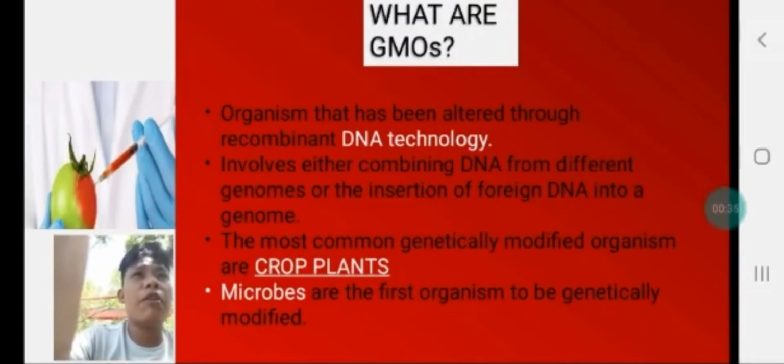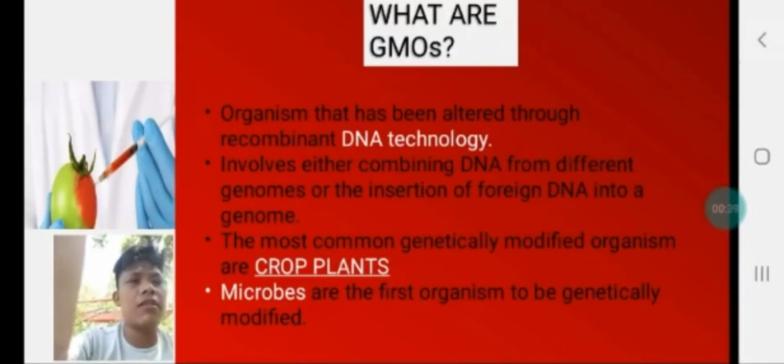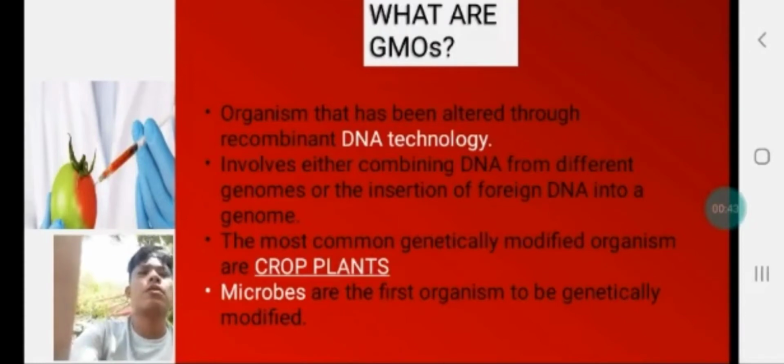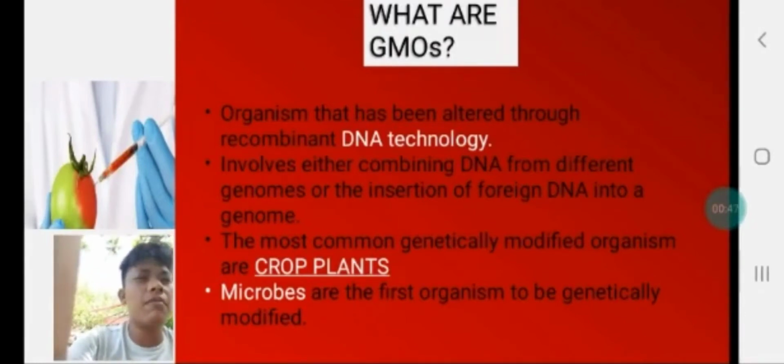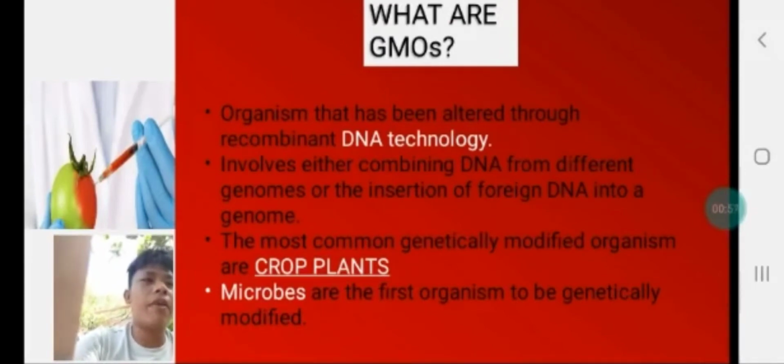So, genetically modified organisms, or the GMOs, are organisms that have been altered through recombinant DNA technology. So a GMO is an organism that has been changed through recombinant DNA technology, and it involves either combining DNA from different genomes or the insertion of foreign DNA into a genome.